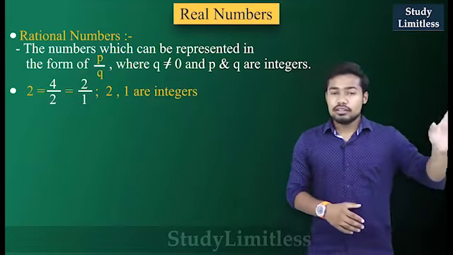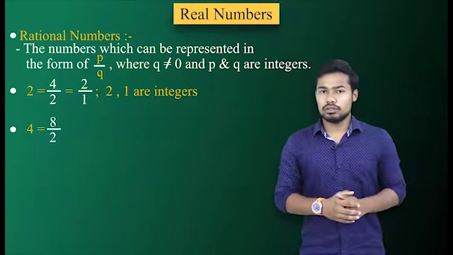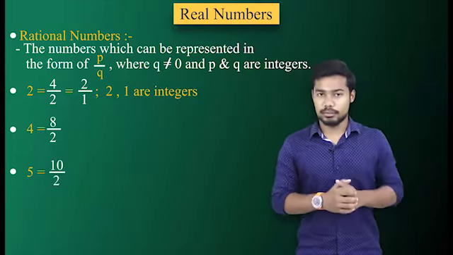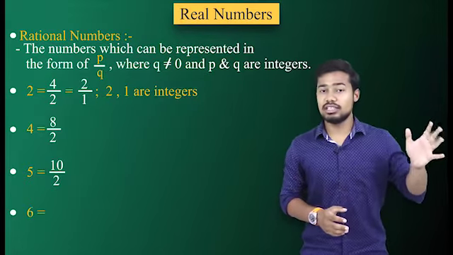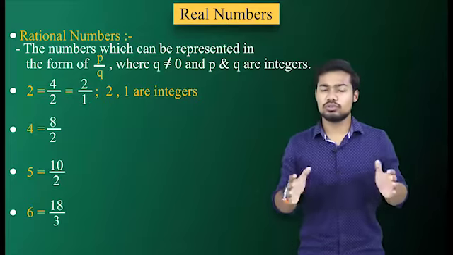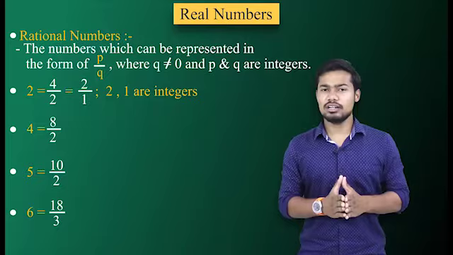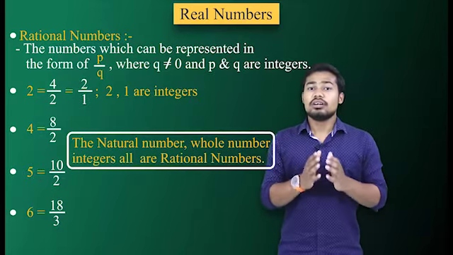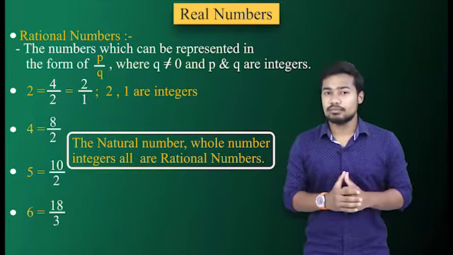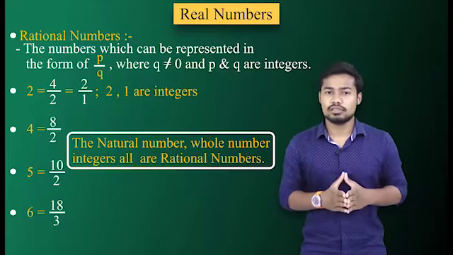Similarly, I can write 4 is equal to 8 by 2 or 5 is equal to 10 by 2 or 6 is equal to 18 by 3 and so on and so forth. All these numbers are rational numbers. Well, the natural numbers, whole numbers and the integers all are rational numbers.